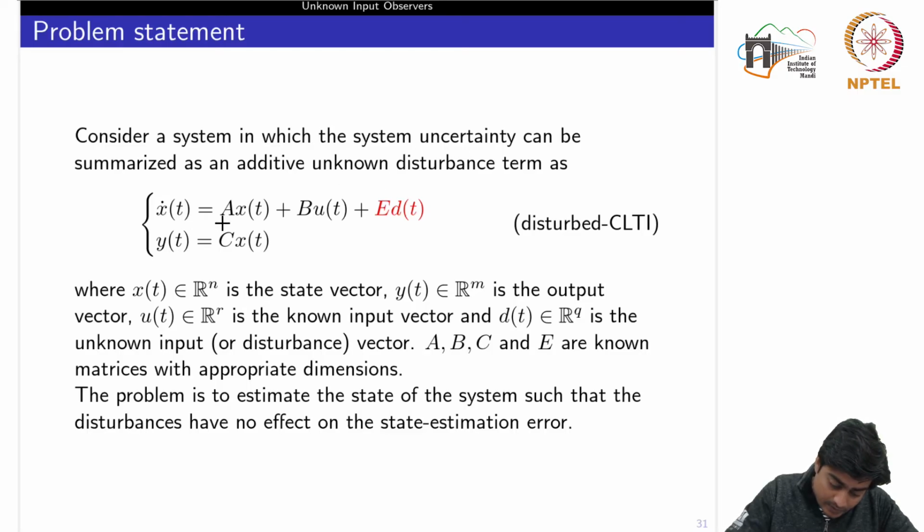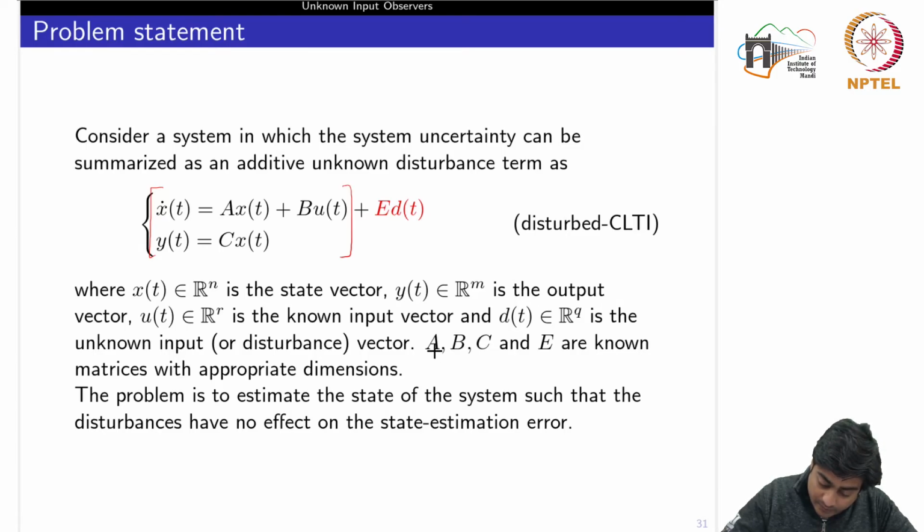This part we have already seen, without this additional disturbance term. Now we would be considering a system which we are calling the disturbed continuous time LTI system, with A, B, C as the matrices and E as the distribution matrix of the disturbance. Here x, y, u are the state, output and input vector, and d is the unknown input, or what we call the disturbance, of which we do not have the information.